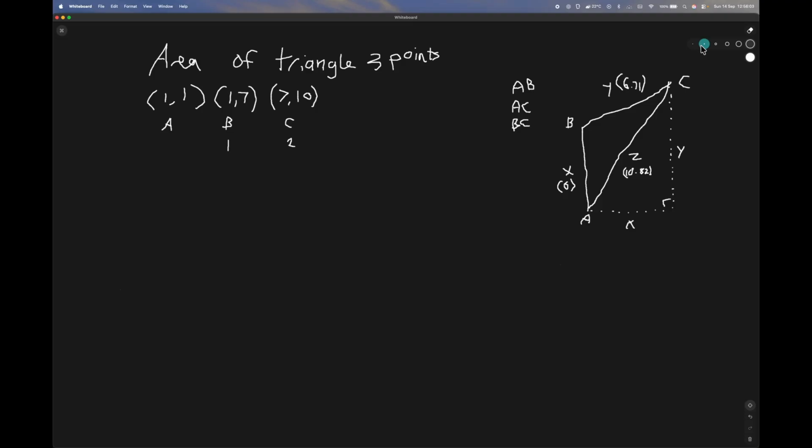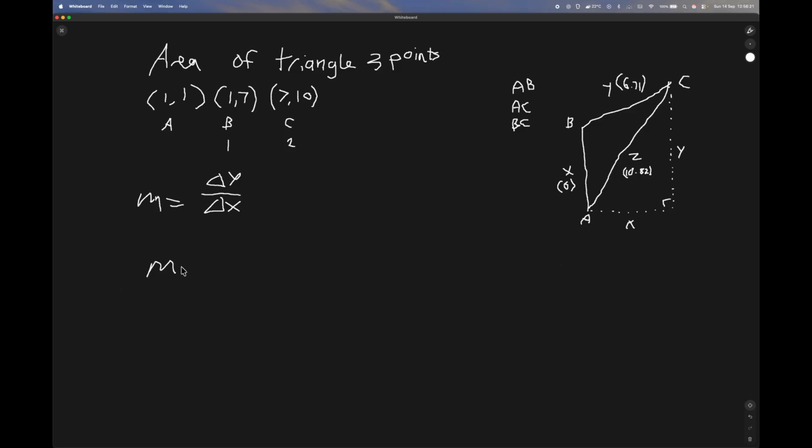So we know that the gradient, or m, is equal to change in y over change in x. This little sign delta just means change in.